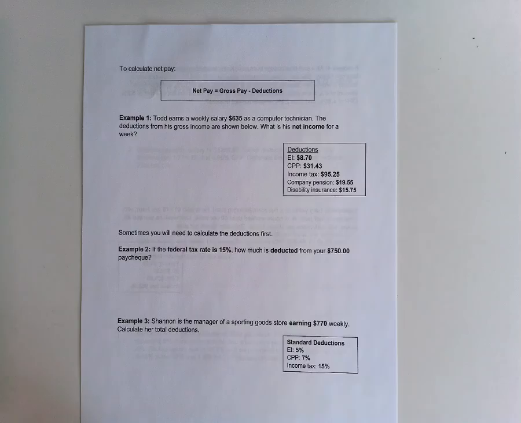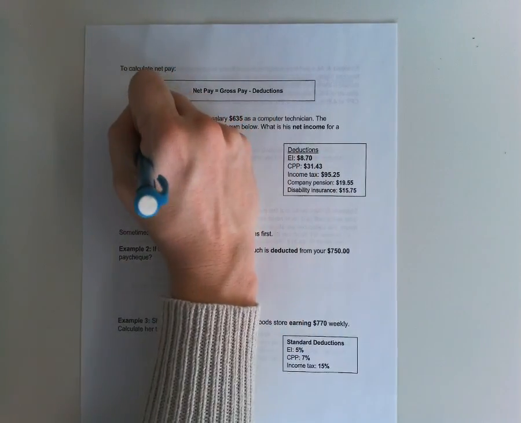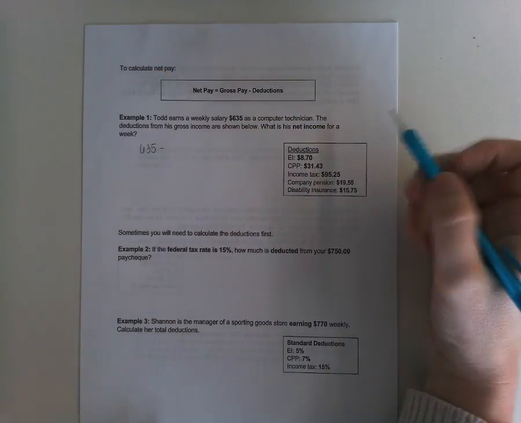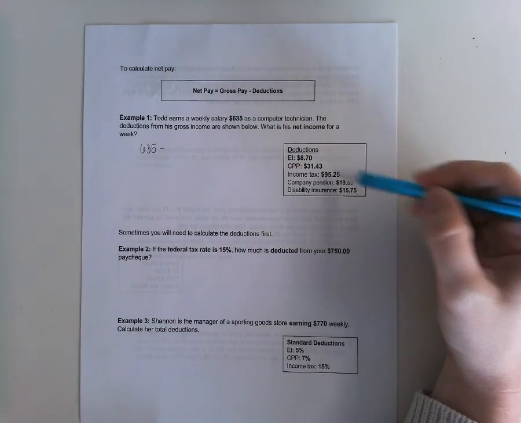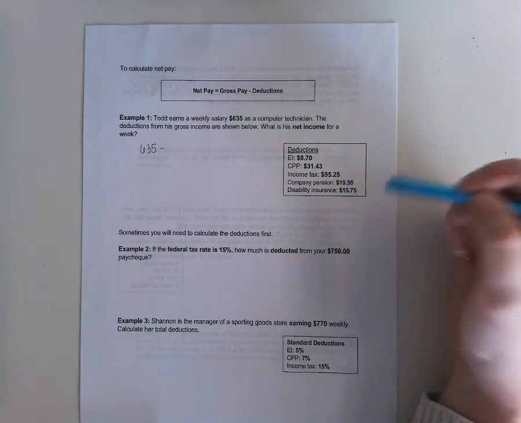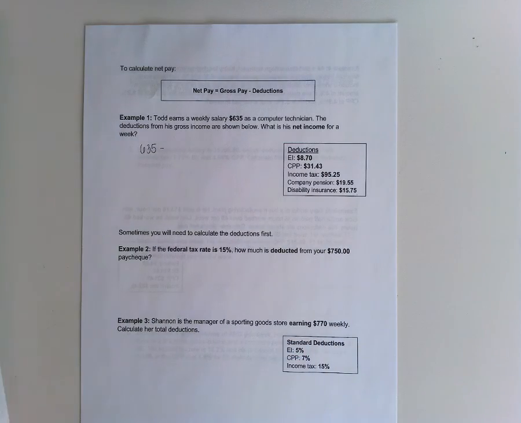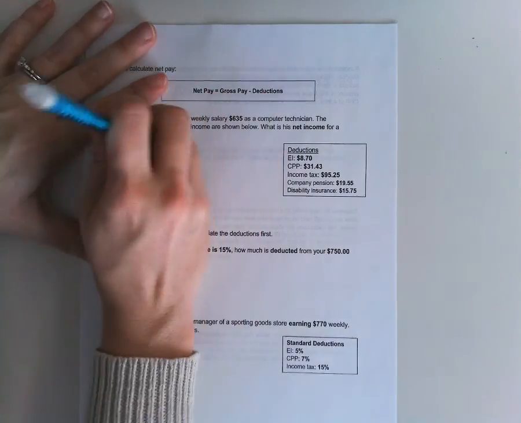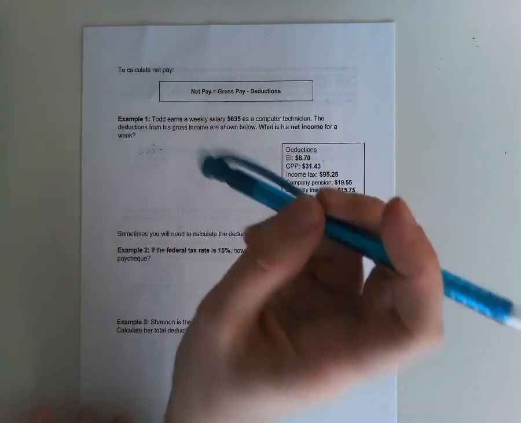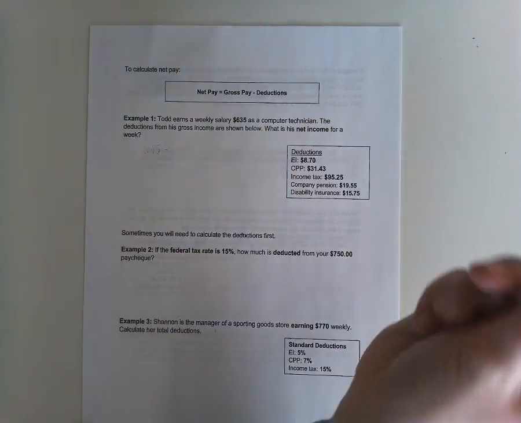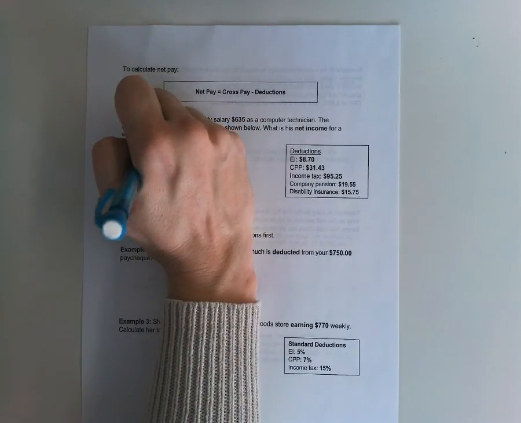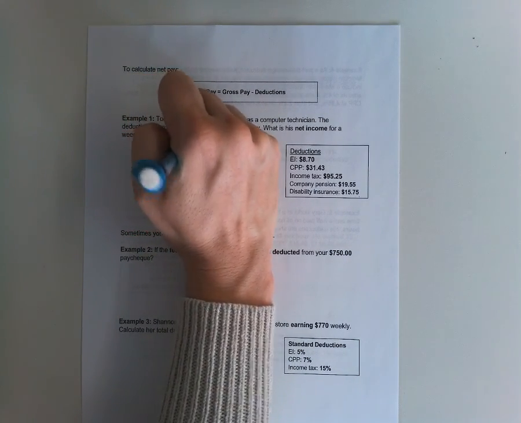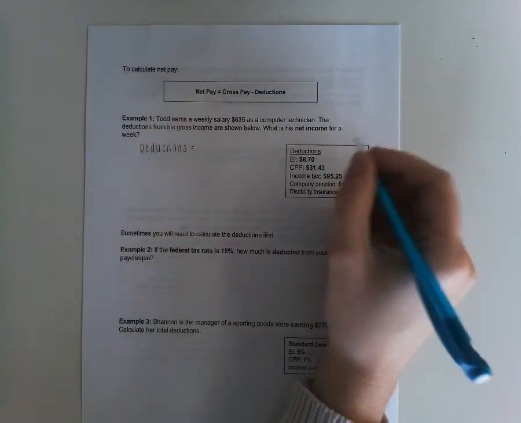We're going to take his gross income, $635, and subtract all of these deductions. What I'm actually going to do is split this up differently: first let's figure out the total of all of his deductions. So we will add them up. You could also just subtract all of them from 635, but let's just add these up.